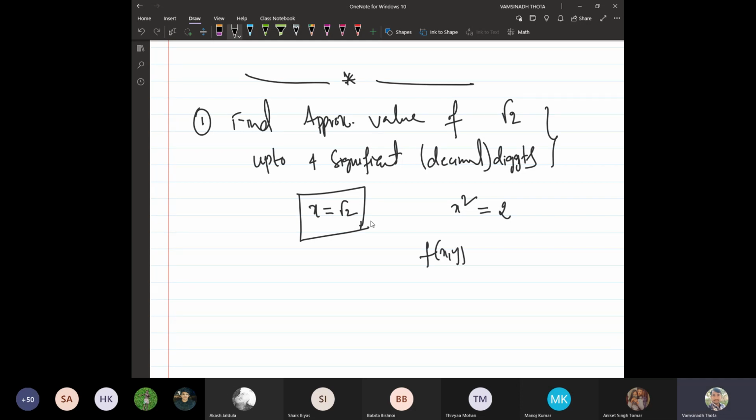So here f of x you can take as 1 minus 2 by x square is equal to 0. Which method you use is your wish, but better you do all the problems using all the iterative methods that we have discussed. Sorry, it is not f of x comma y, it is f of x, only a one variable function.